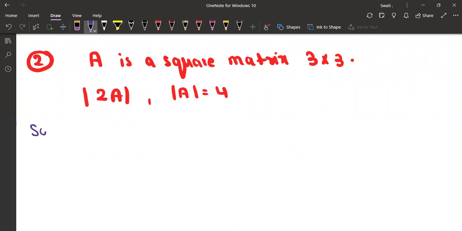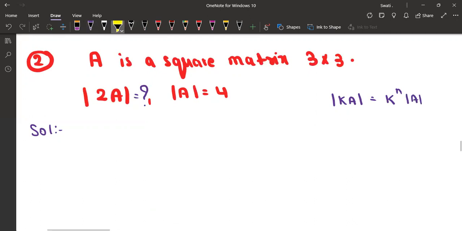So we need to find the value of the determinant of 2A, and we are given the determinant of A is 4. Here we are going to use a formula: whenever we have the determinant of kA, where k is a constant, then k will always have the power n, where n is the order of the matrix, and then we write the determinant of A.